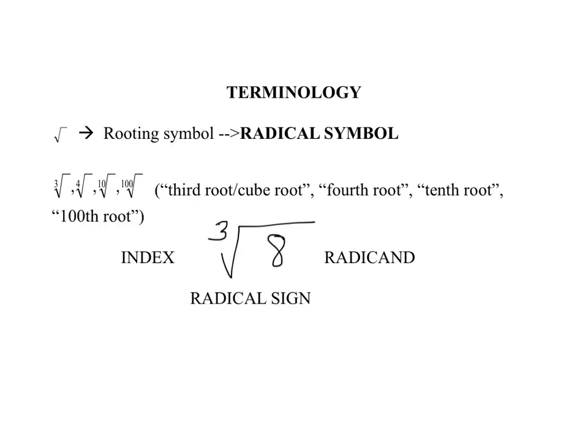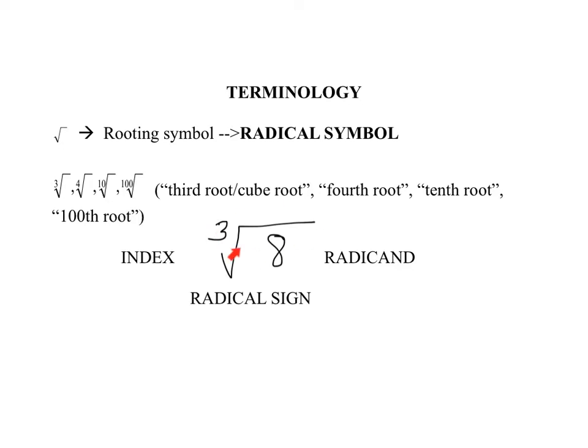A little bit of terminology here. This symbol here is called the radical symbol or the rooting symbol. We've got all kinds of roots, so pretty much for exactly every power that exists, there is a root that is its inverse, that inverses the process. So here are some examples.